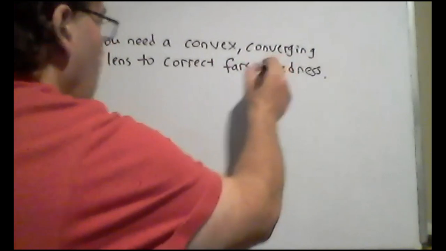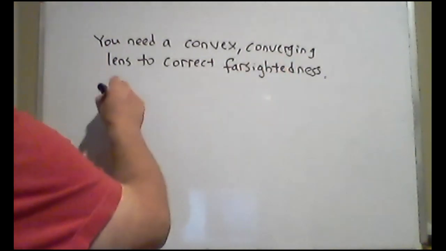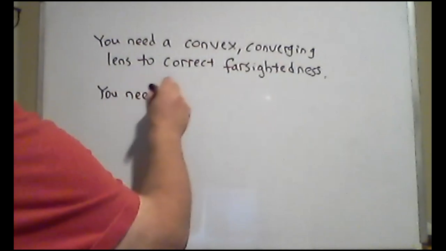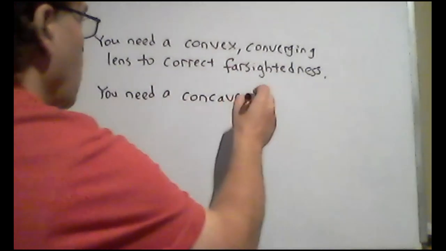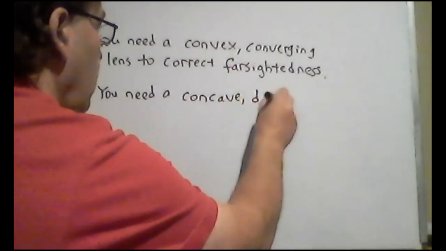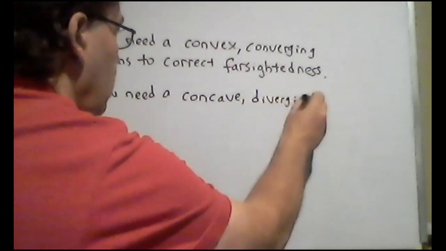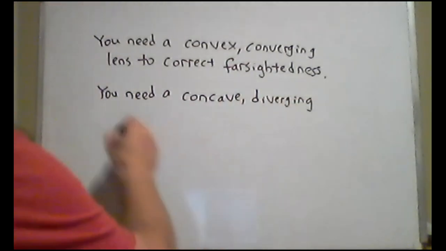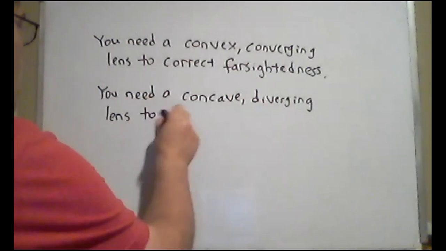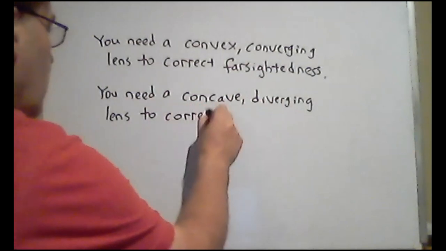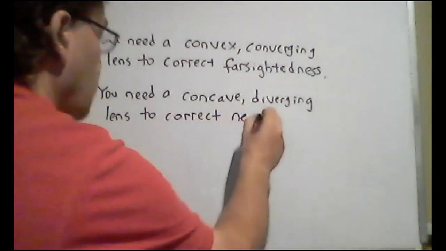And you need a concave, diverging lens to correct nearsightedness. Okay, those are your spherical corrections.